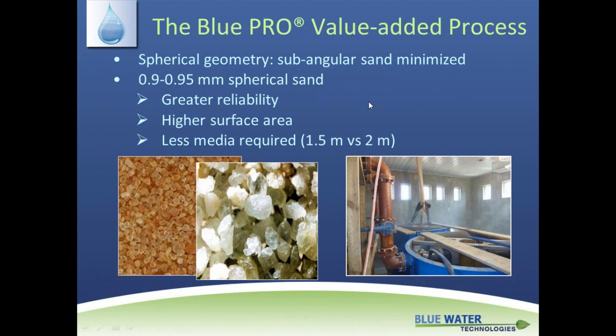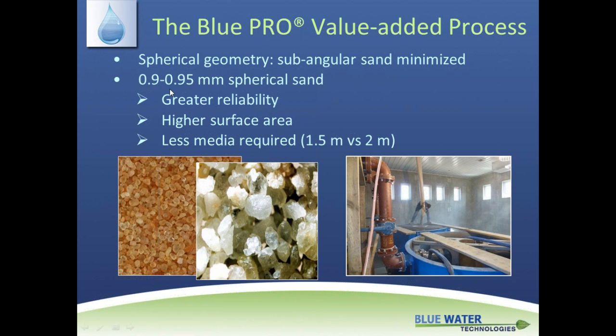And our media is really different too. We use a spherical geometry, whereas coagulation filtration systems use a subangular sand, so they have tighter interstitial spaces. And of course, I already mentioned the issue with that is sustainability. They plug a lot. So our Blue Pro system uses a very spherical geometry, where the media slides against itself very, very well.